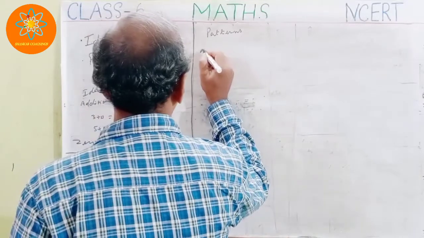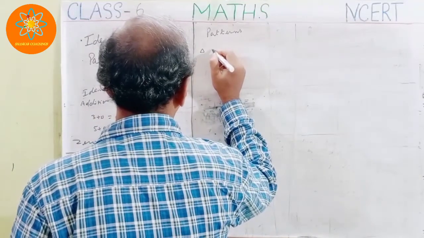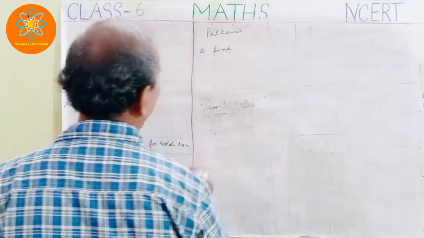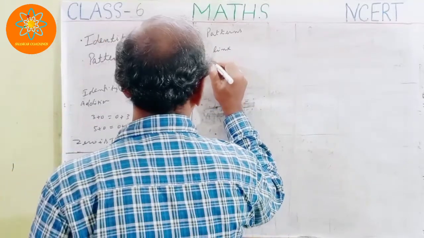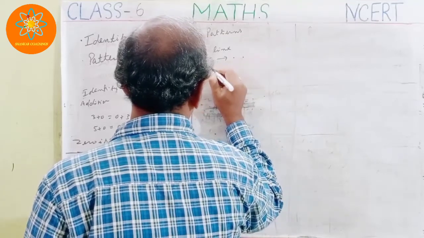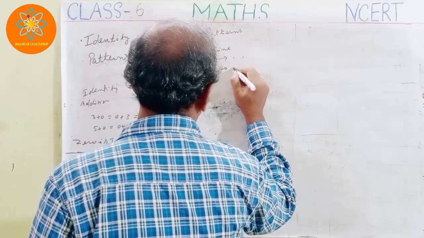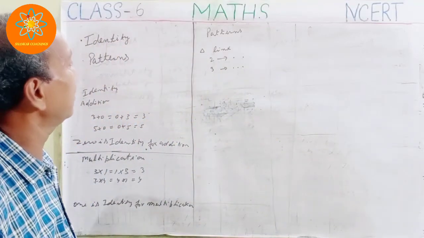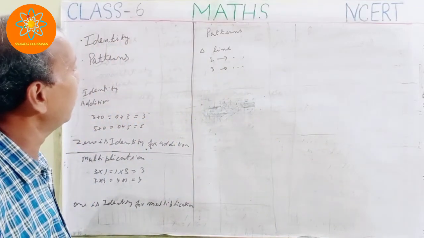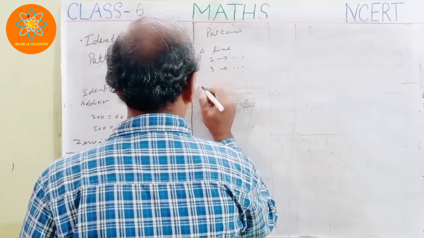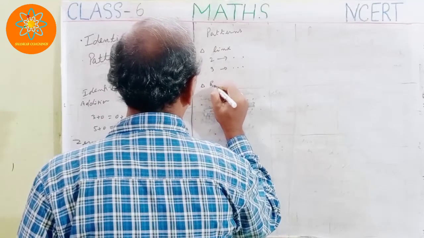For example, I am taking a line. If 2 is there, I can represent it like this. If 3 is there, I can write it like this. So I can represent whole numbers as patterns like a line. I can represent as a rectangle also.